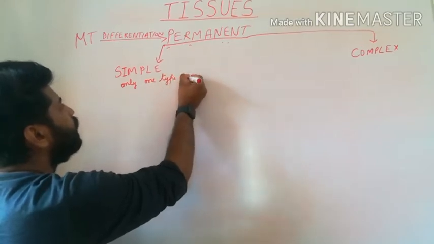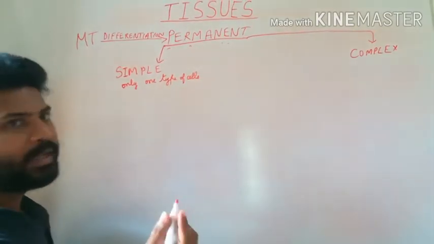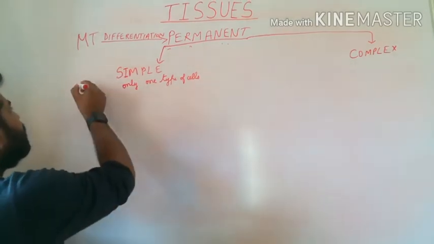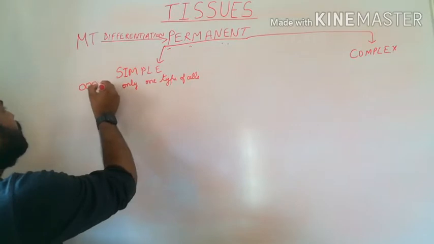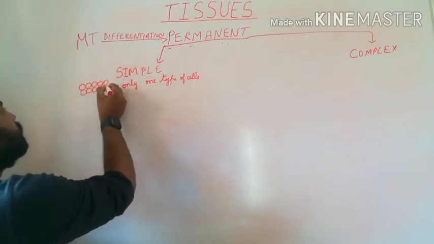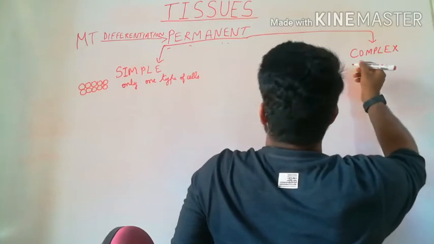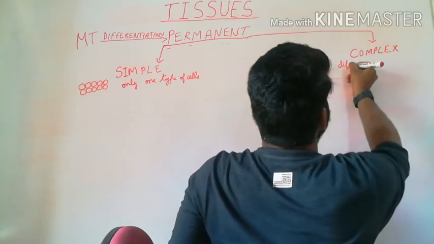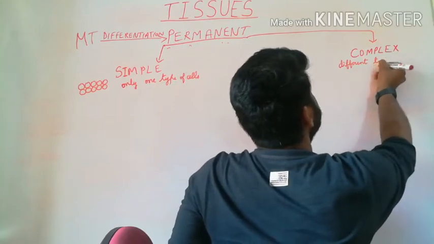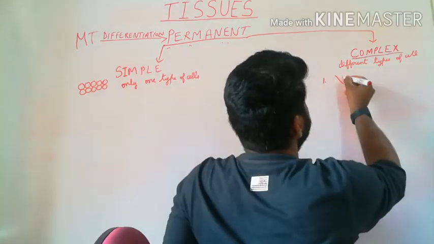Only one type of cells. For example, tissue is a group of cells. In simple permanent tissue, all the cells are of the same type. The complex tissue is made up of different types, more than one type of cells.